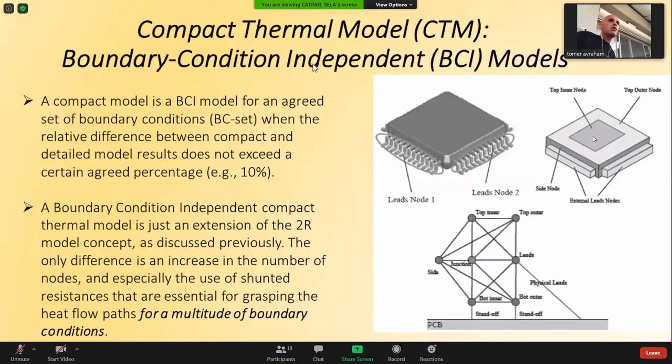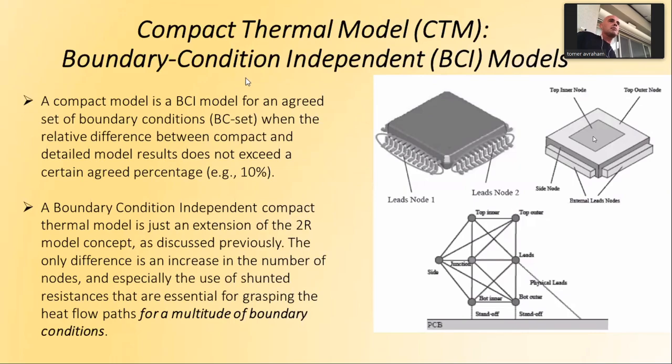Here you see a compact thermal model, boundary condition independence. We'll start to talk about boundary condition independent models. JEDEC defines a compact model, which I call BCI, boundary condition independent model, for an agreed set of boundary conditions, which means we have a range of validity. It can't be 1,000,000 degrees. It won't work at 1,000,000 degrees.